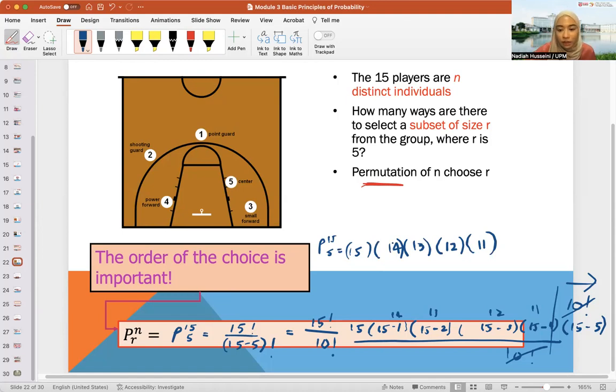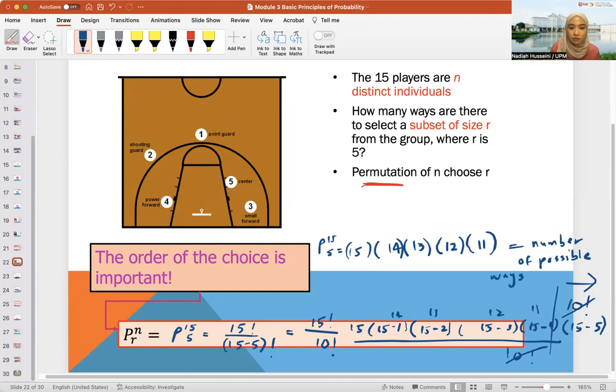Okay, so this is my permutation. This is the number of possible ways. What does permutation tell me? The number of possible ways to select 5 out of 15 players in a way that each of the players gets a role, gets a position.